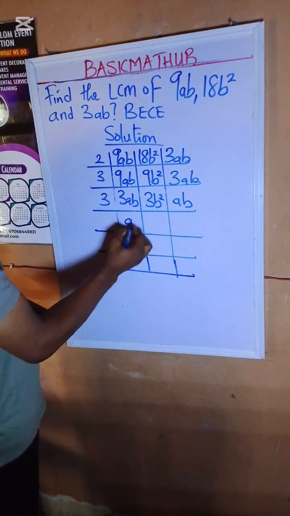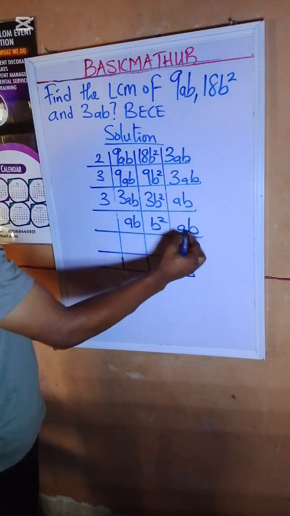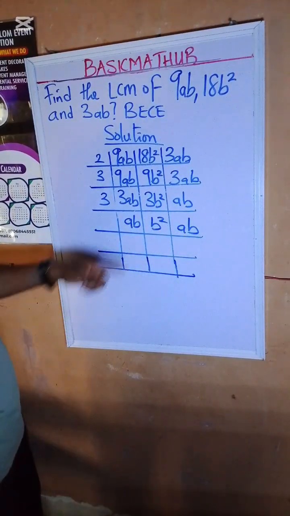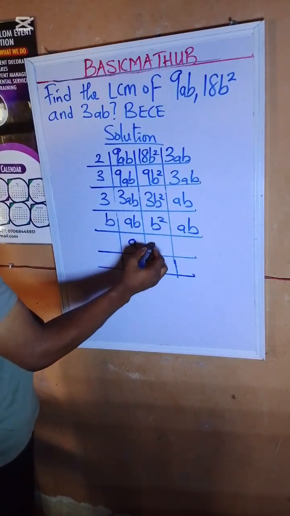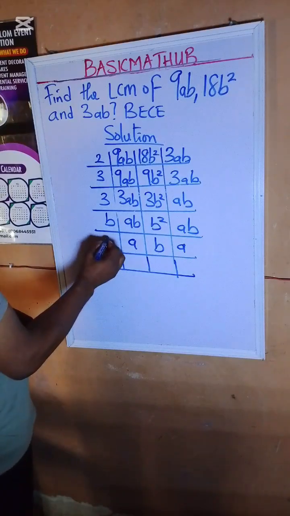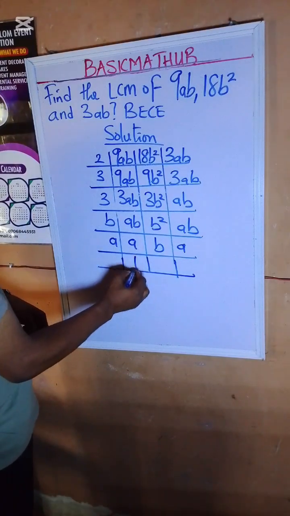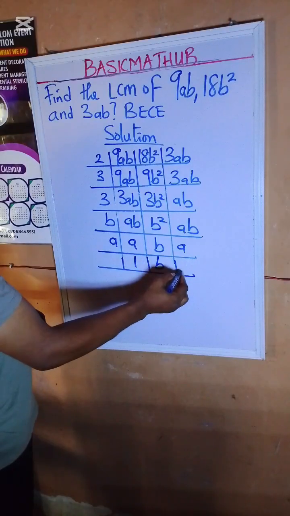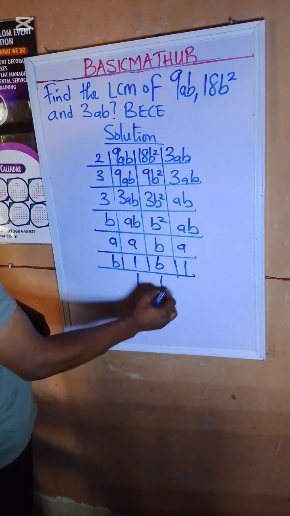So we have AB, B squared, and AB. Now we see B, so that's going to be A, B, and A. Then A now, that's going to be 1, B, and 1. Then B again, so that's 1, 1, 1.